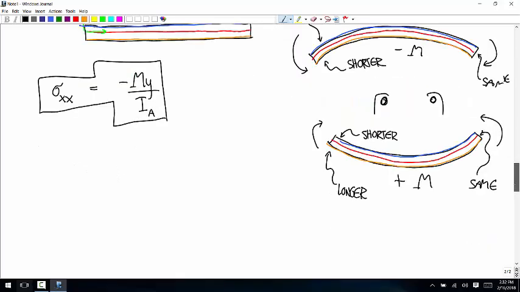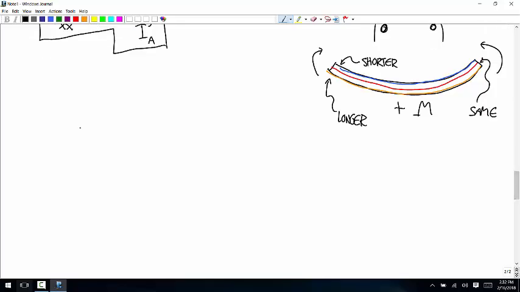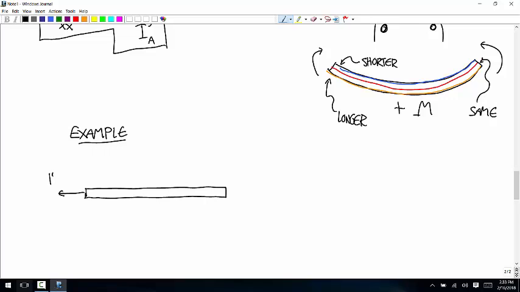Okay, let's do an example. So let's say we have this beam and the loads applied to it are 1,500 newtons of tension and then a bending moment of 200 Newton meters on the two sides.